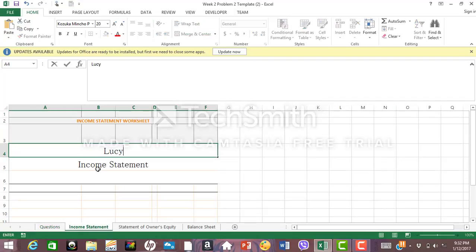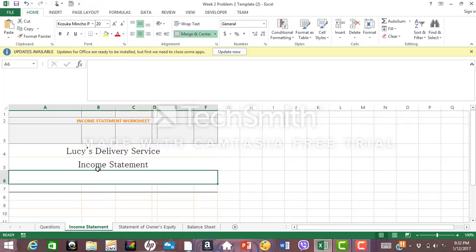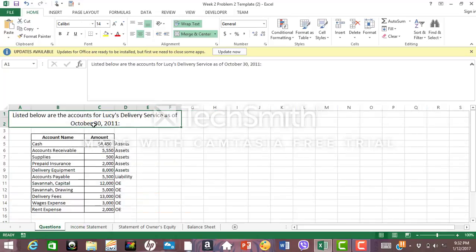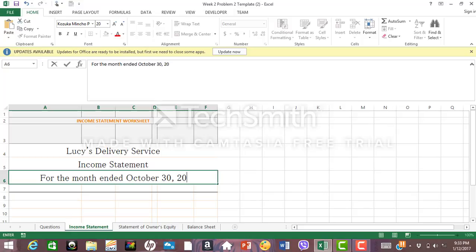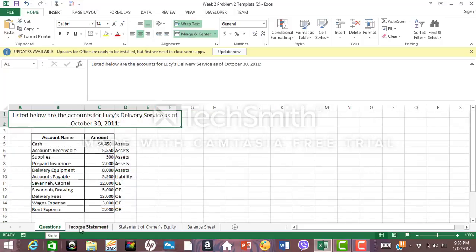It is an income statement, and the very third line would be the actual month, for the month ended October 30th, 2011.